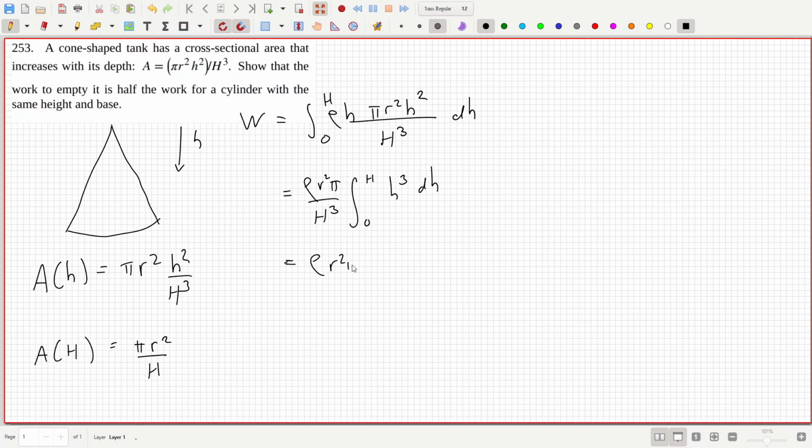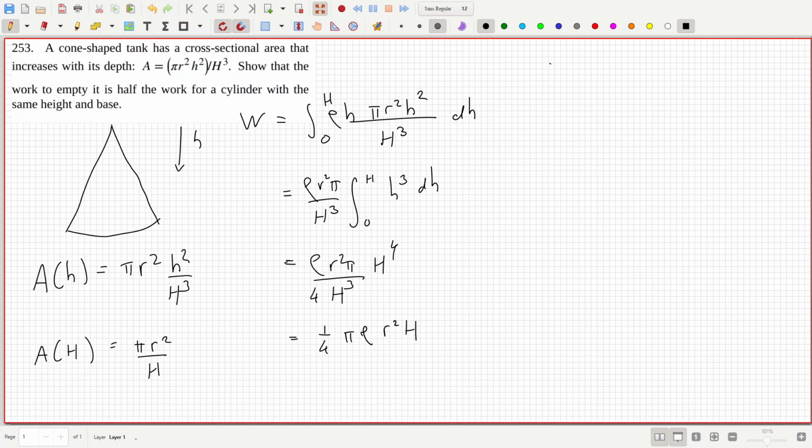Rho r squared pi h cubed times 4 over h. So that's a quarter pi rho h squared.